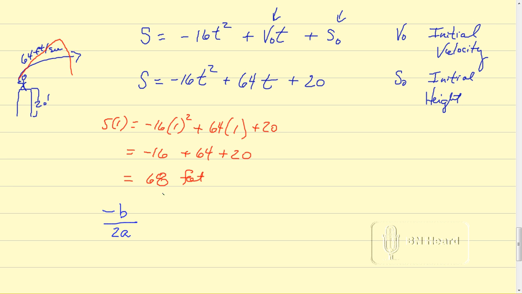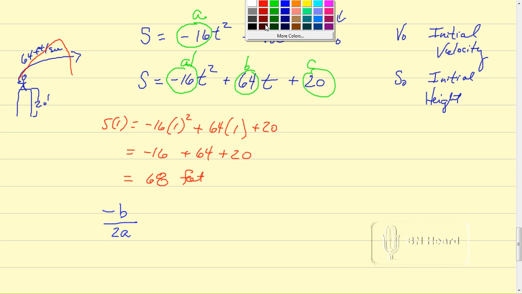And if you remember from our discussions about the quadratic formula, a for this one would be negative 16, b for ours would be 64, and c would be 20. So negative b over 2a will give us the time at which it reaches its maximum height.